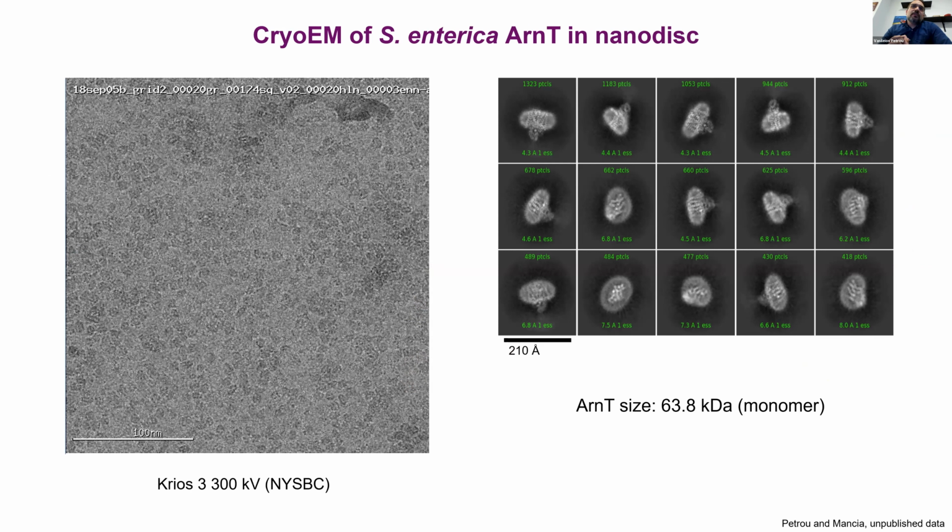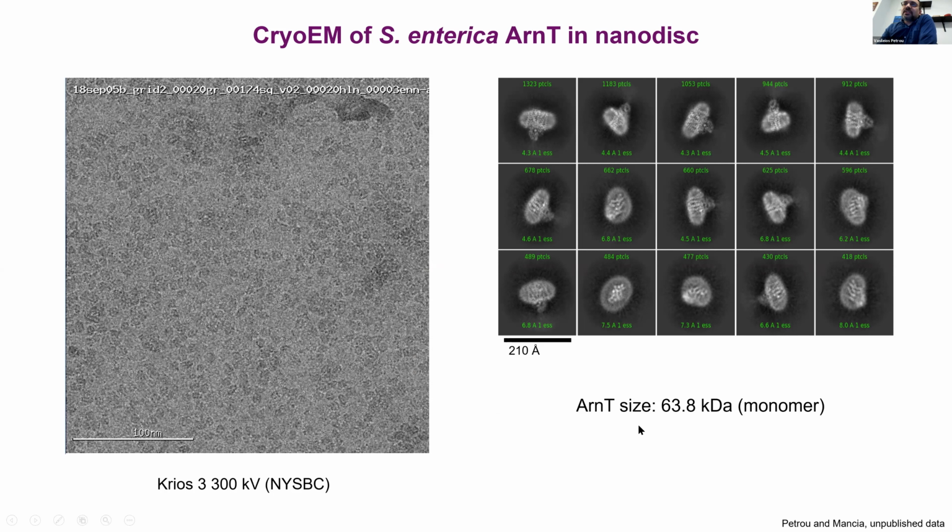data set of Salmonella EptA in nanodisc from a NYSBC Krios microscope, and this data set behaved extremely well, and we obtained very nice 2D class averages, and it allowed us to create a reconstruction at 3.2 angstrom.